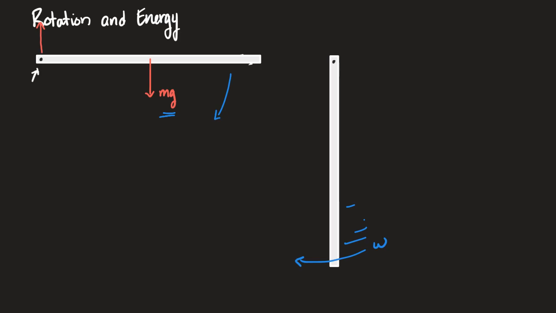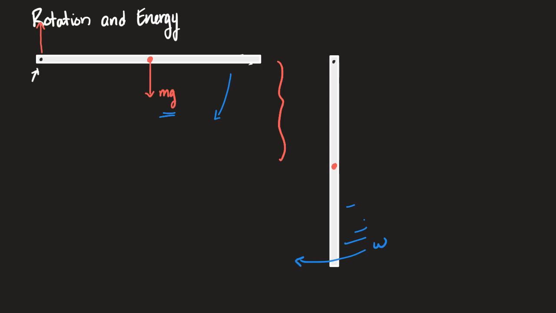One of the reasons we can tell is because the center of mass was here, and now the center of mass is here. Any change in height of the center of mass generally points to an exchange of energy.